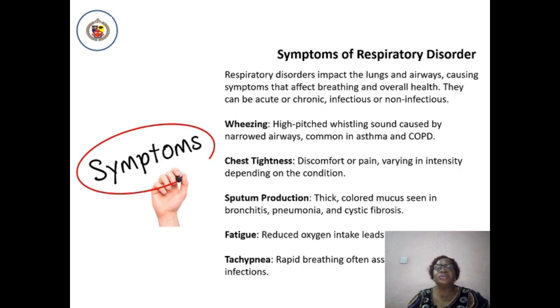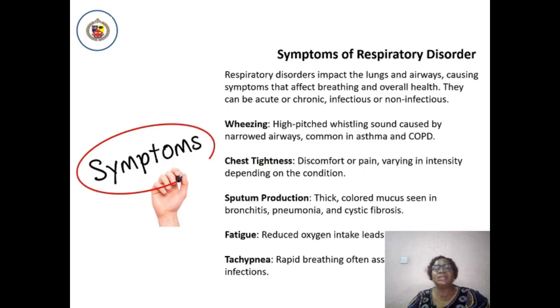Symptoms of respiratory disorder. Respiratory disorders impact the lungs and airway, causing symptoms that affect breathing and overall health. They can be acute or chronic, infectious or non-infectious. Wheezing: a high-pitched whistling sound caused by narrowed airways, common in asthma and chronic obstructive pulmonary disease.